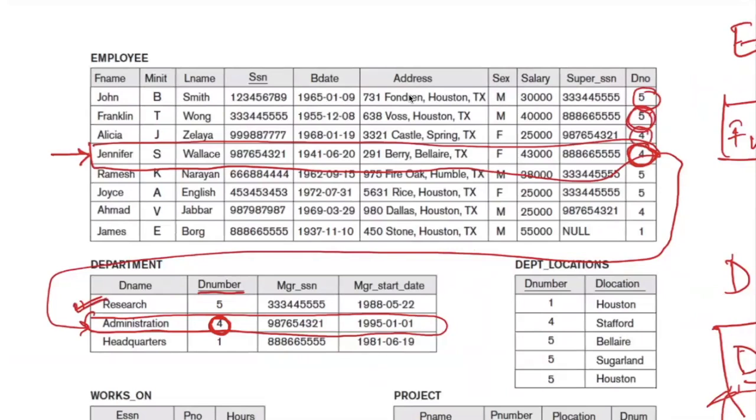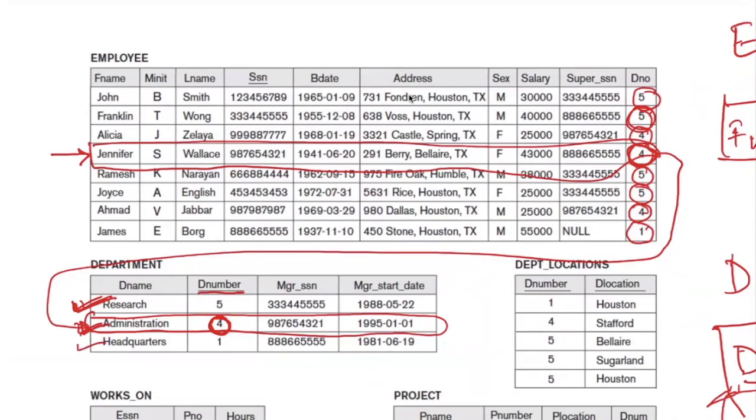Next one is 4, so this is also an existing one. Next one is 5, yes, another one for Research. Next one is also 5, another one for Research. Then next is 4, this is for Administration. And then here I have 1, which is Headquarters.